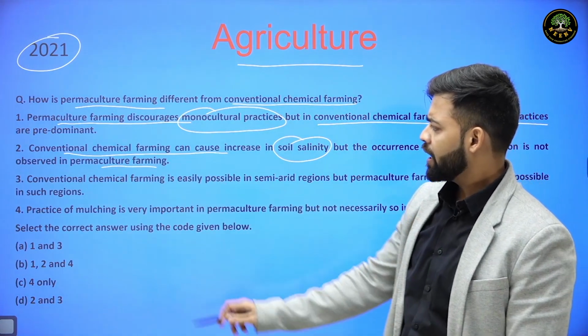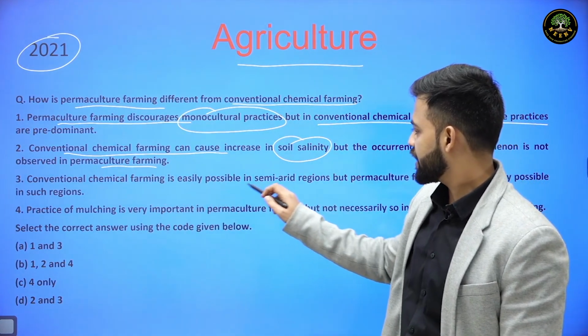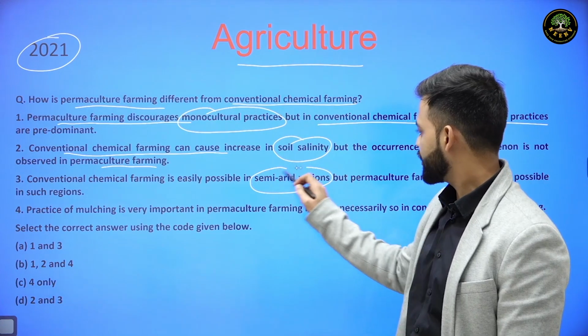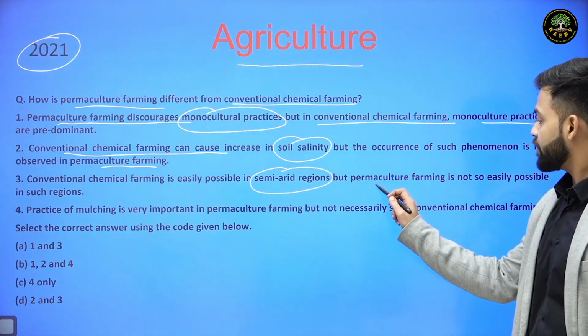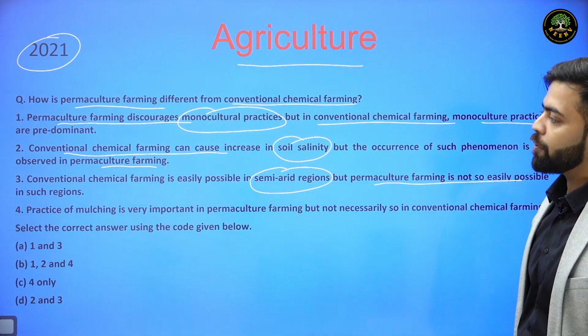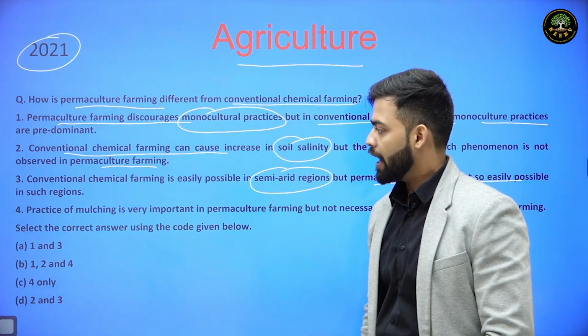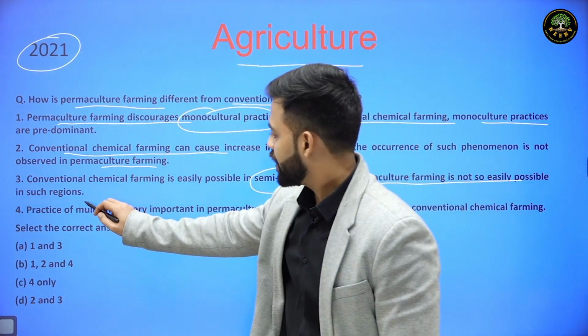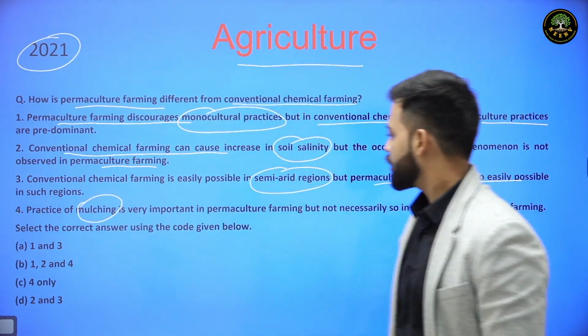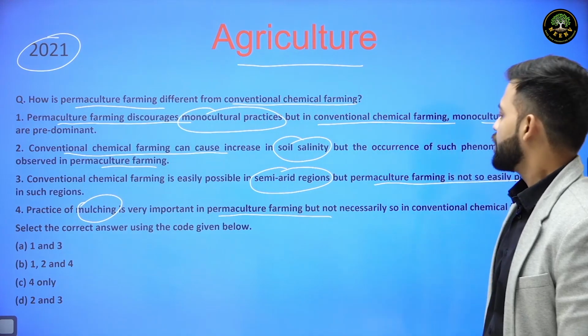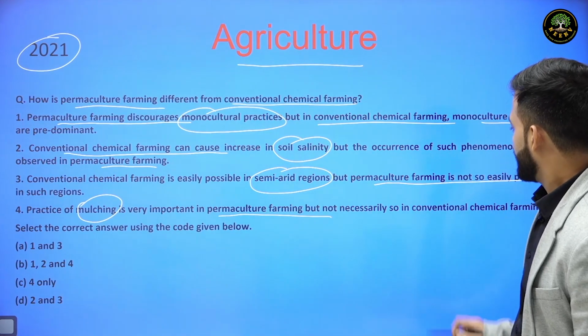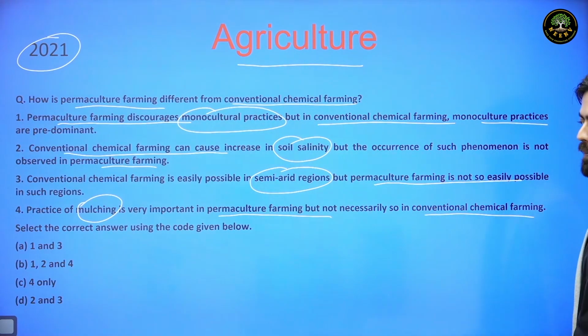Number three, conventional chemical farming is easily possible in semi-arid regions, but permaculture farming is not so easily possible in such regions. And number four, practice of mulching is very important in permaculture farming, but not necessarily so in conventional chemical farming.